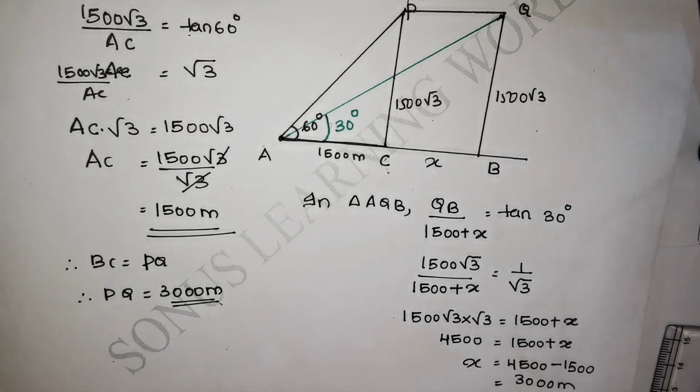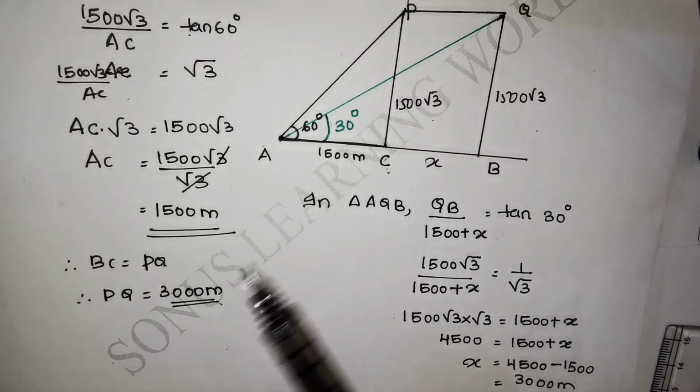So what we have to find? We have to find the speed of the airplane. For that we have to find speed. Speed is equal to distance by time. We already know the time.